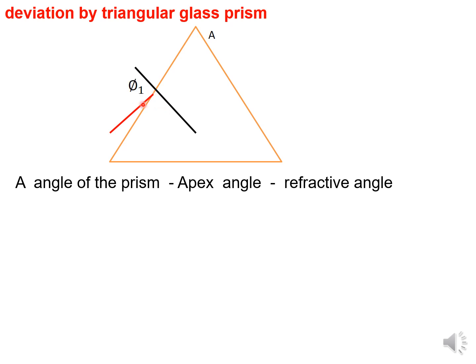The angle subtended between the normal and the incident ray is called phi 1, the angle of incidence in air.